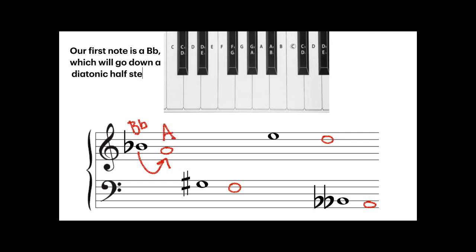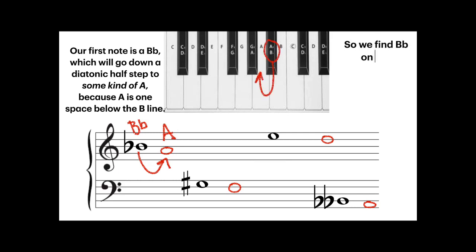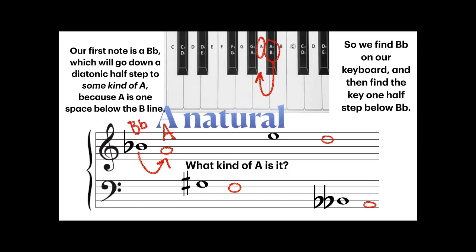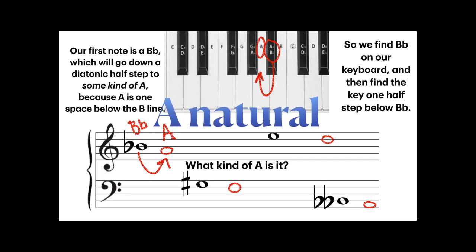Our first note is a B flat, which will go down a diatonic half step to some kind of A, because A is one space below the B line. So we find B flat on our keyboard, and then find the key one half step below B flat. What kind of A is it? A natural. We don't need to add any accidentals to this note.